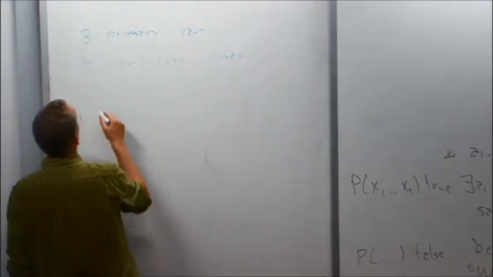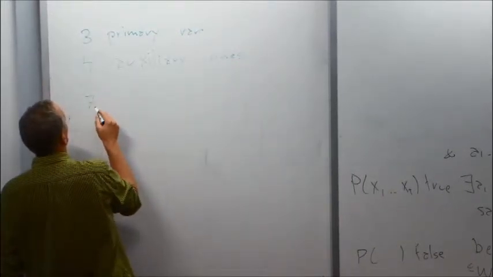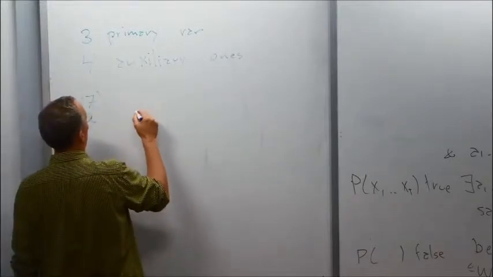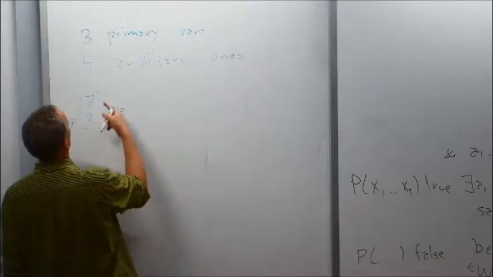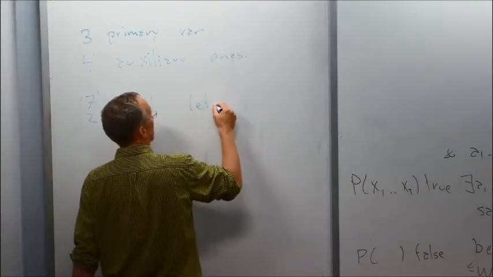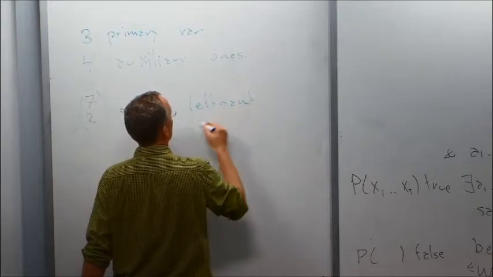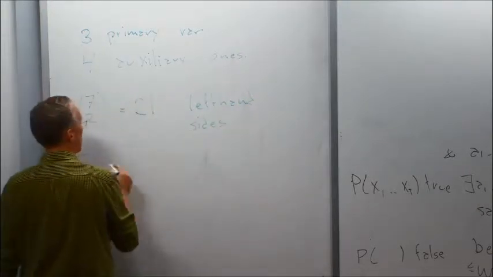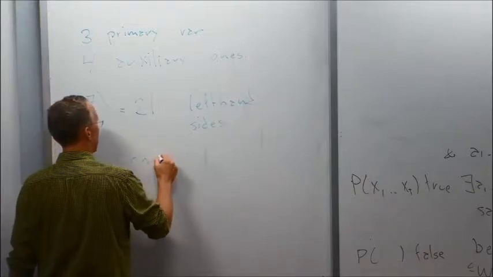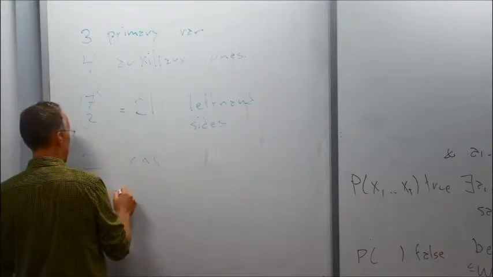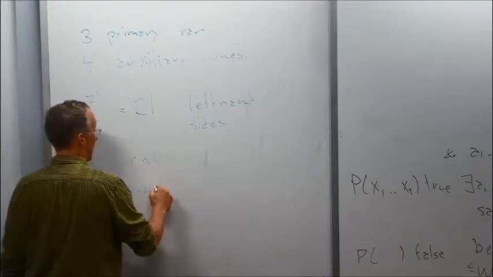So this means we have 7 choose 2, which is what? 21 left-hand sides. We have 2 right-hand sides for each, they can be plus minus 1. And we have 7 equations. We're allowing now.